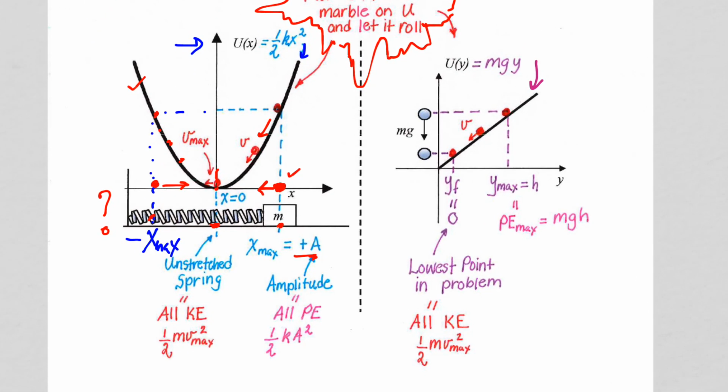So please make sure you get down all of the annotations that are here. The marble analogy, as I said, works for all systems, so it works over here for a particle. Even if I don't know that gravity is going on here, I'm just told this is the potential energy function. Put the marble down, let it roll, it's going to speed up going to the left, and it's going to have its maximum speed here at the bottom, right at 0, ground level.